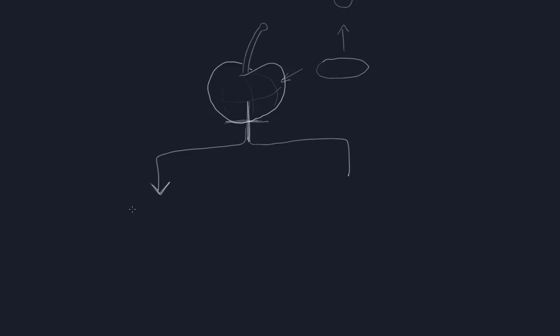Really, that's going to be one object we parent, and that's that. We are also going to need the ability to squash and stretch. And we will need the ability to animate the stem.